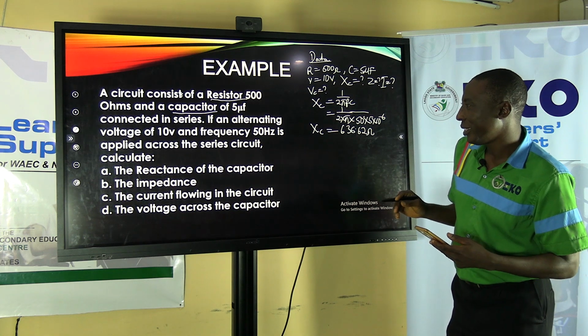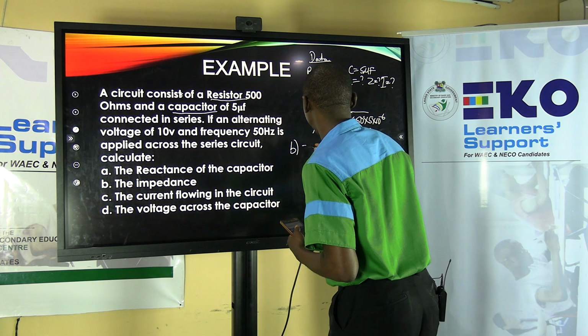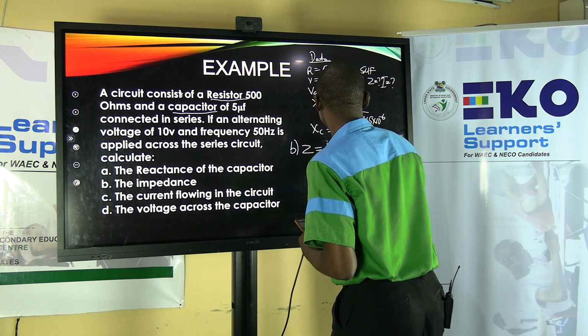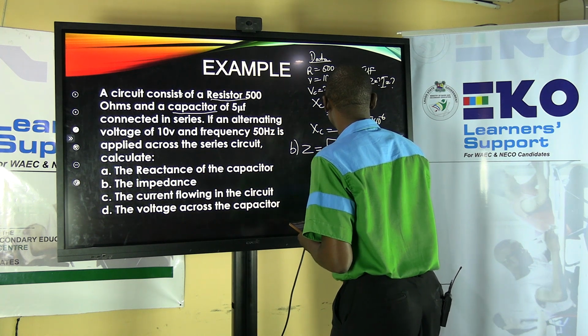Then we move on to the impedance, B. What's impedance? Z equals the square root of R square plus X of C square.